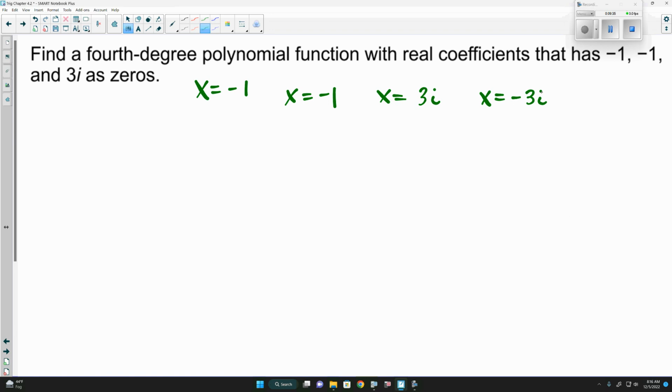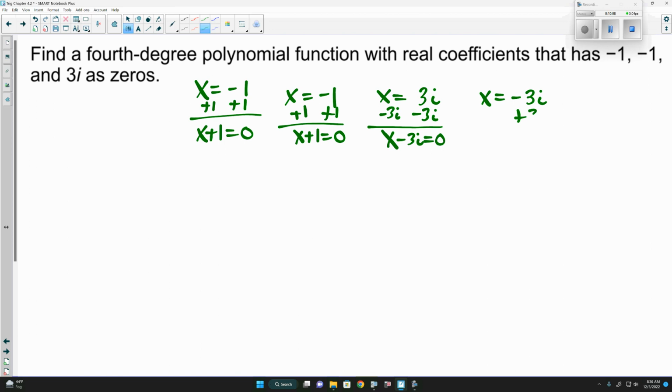And for this here, what we'll do to solve or find the polynomial is, well, get them equal to 0, multiply them back together, and then we're done. So to get x minus 1 equal to 0, we will add 1 to both sides. So we'll get x plus 1 equals 0. Here, we'll add 1 to both sides. The next one will be x minus 3i.